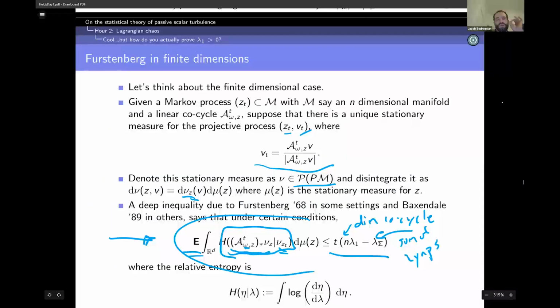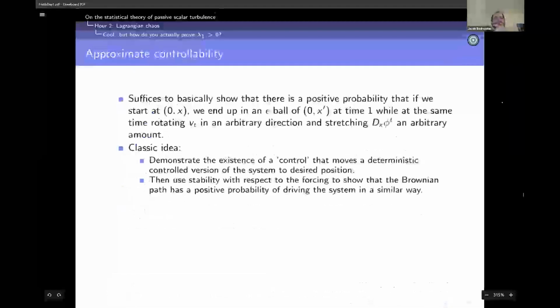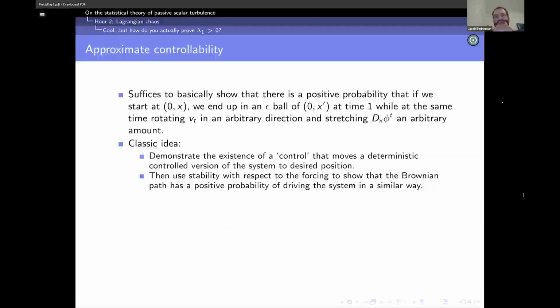basically what you want to be able to prove is that if we start at 0x, so zero velocity field, and there's nothing special about zero other than the fact that it's easy to work with, and the particle is at some position on the torus. We want to know that if we go to another place or back to the same place, it doesn't matter, the lemma is general enough.